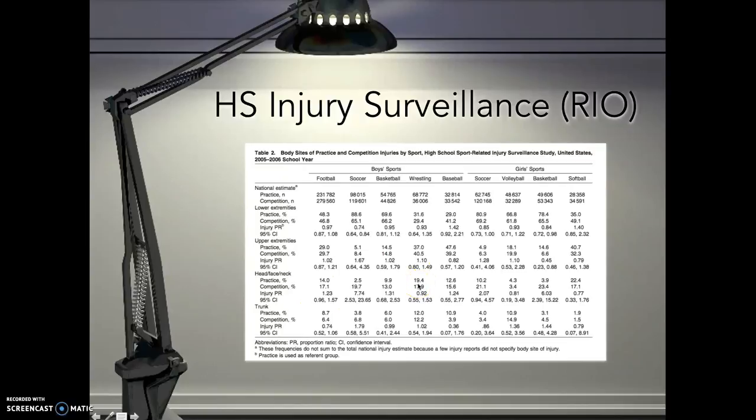In wrestling, head, neck, and face is injured in practice 19% of the time. So of all the injuries that happen in wrestling practice, 19% are to the head, the neck, and the face. Okay, softball. Of the injuries that happen in softball practice, 22% are to the head, the neck, and the face. So this would perhaps answer a question for you about where do head, neck, and face injuries occur.